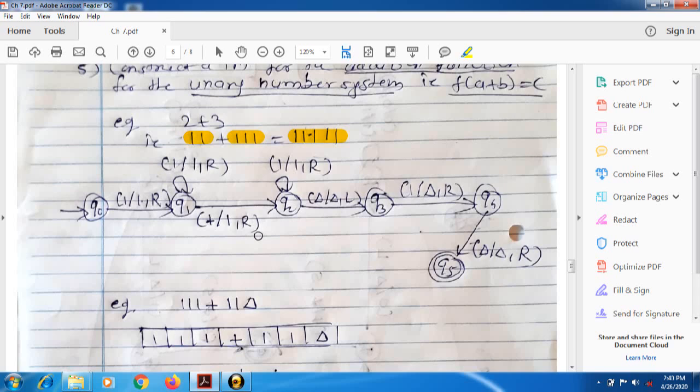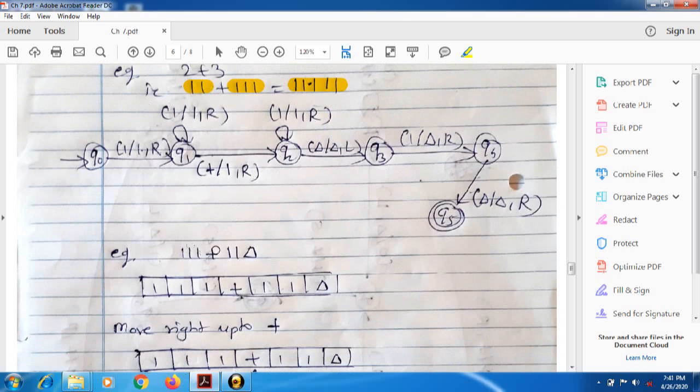Because if we change its sequence, it generates different values. So in such cases we have to follow the sequence, but for addition or multiplication there may be changes in the sequence. Now see, I have changed the sequence, means I have taken 3 as the first value and 2 as the second value. You can take 2 as the first value, 3 as the second value, no issues.